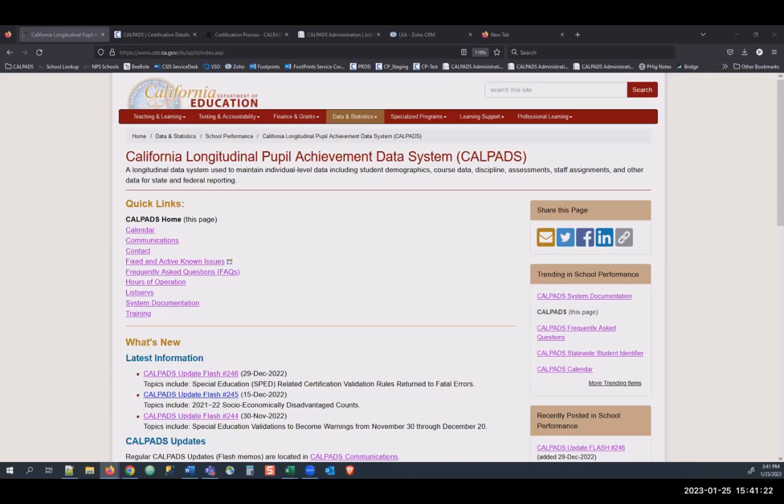Providing support instruction, they need to have a course code. Okay, we have specific support course codes: RSP, response to intervention, English support, math support. We have course codes for that. So please use those, create a course section for those individuals and submit it.